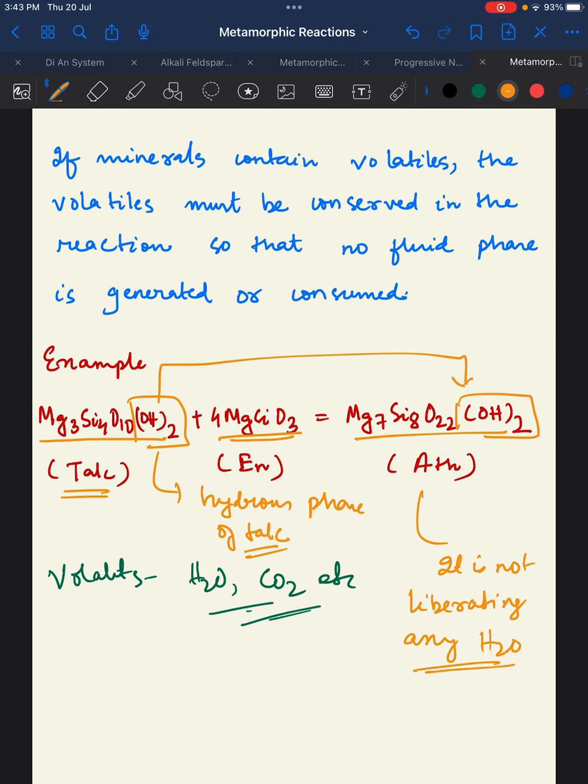If, for example, the reaction were such that an H2O fluid was generated, then this reaction would not be considered a solid-solid net transfer reaction. Since we don't have any independent H2O phase, we call this a solid-solid net transfer reaction.